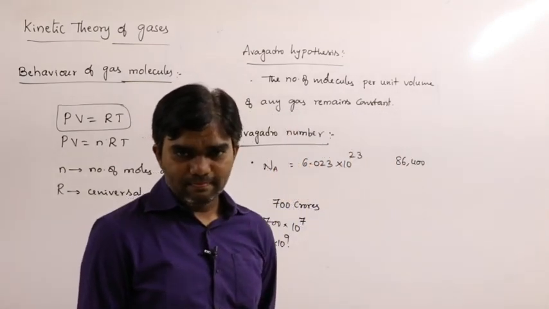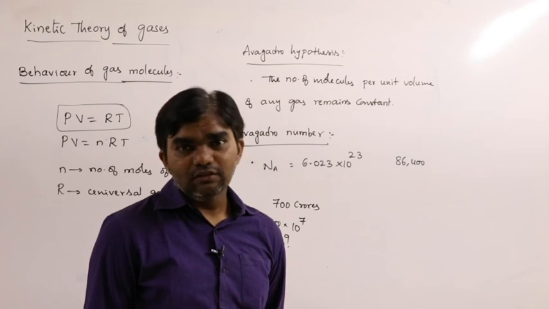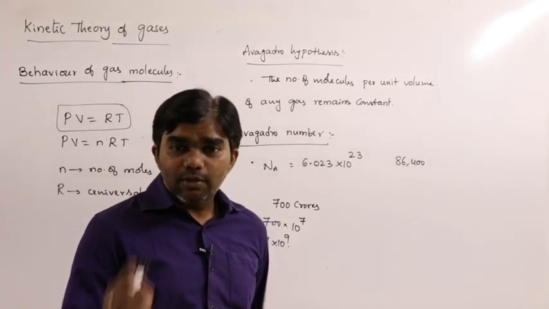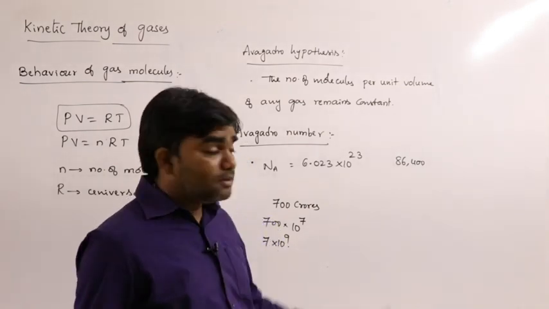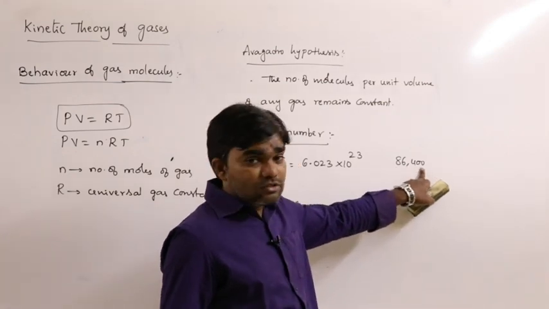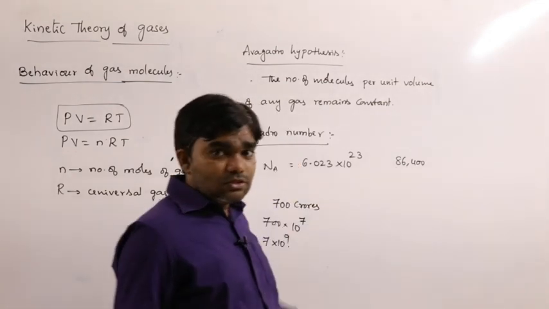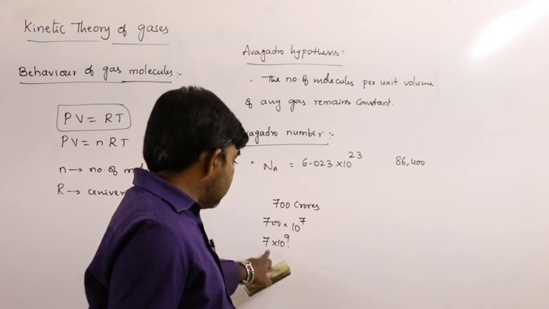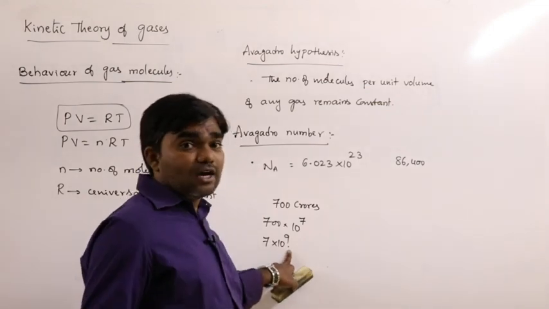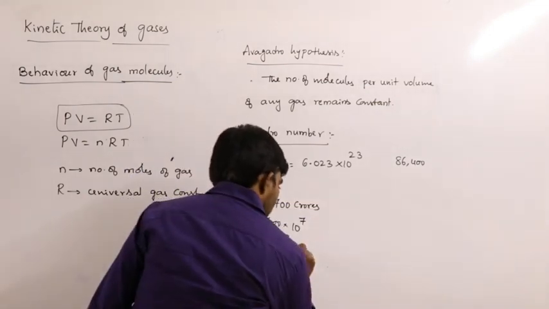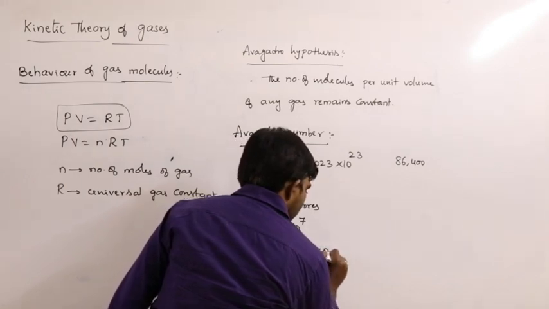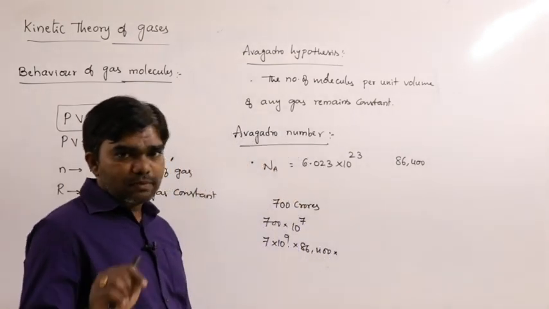So one person counts 86,400 numbers per day. So 7 into 10 to the power of 9 persons count how many numbers? Into 86,400, that is per day.